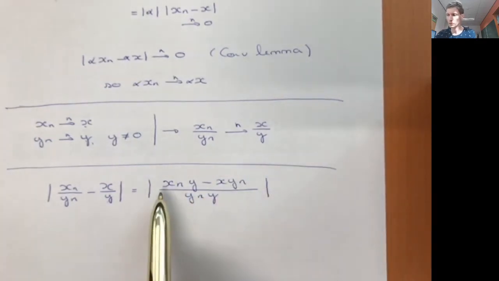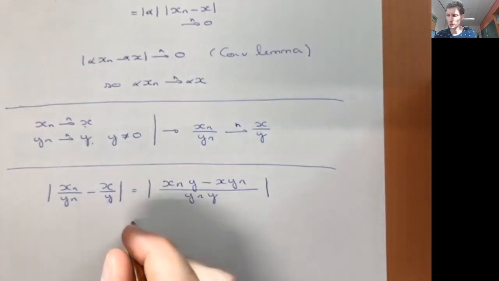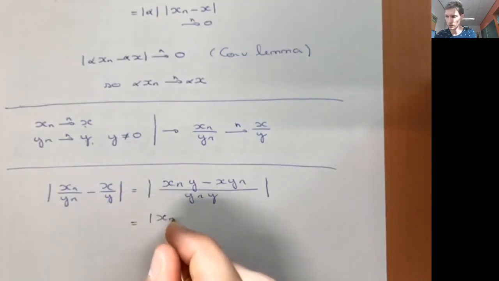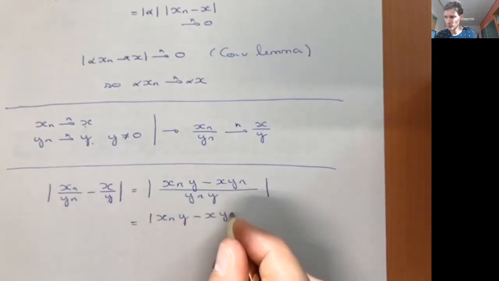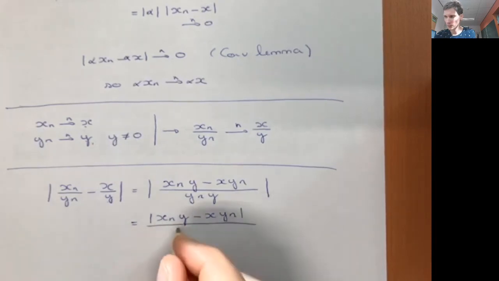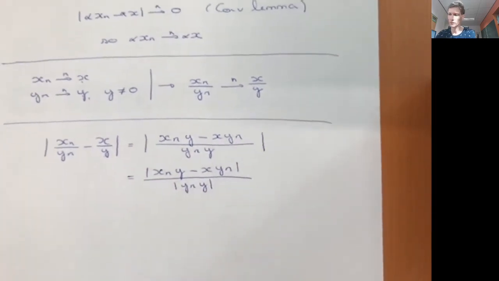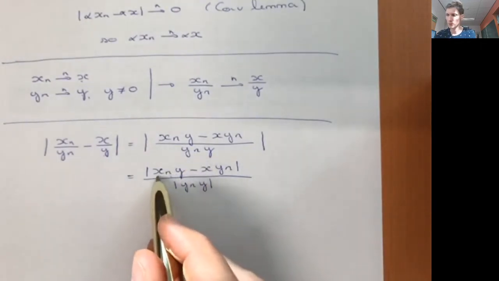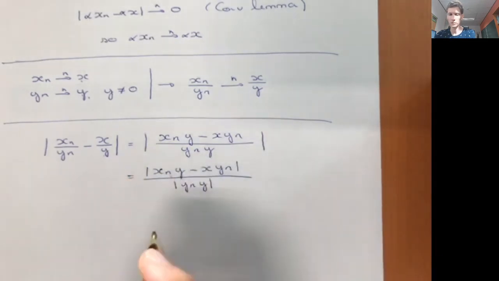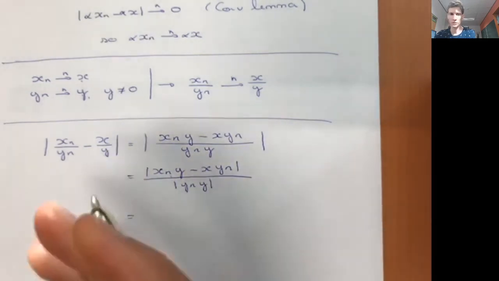So we have the absolute value of a quotient, which is the quotient of the absolute values. We take the absolute value of the numerator, xn y minus x yn, divided by the absolute value of yn y. Here we have xn y minus x yn, so we're going to use the same thing that we did for the product.